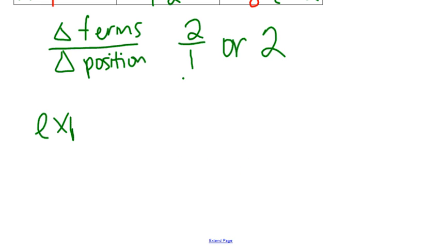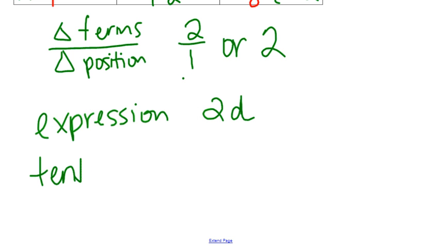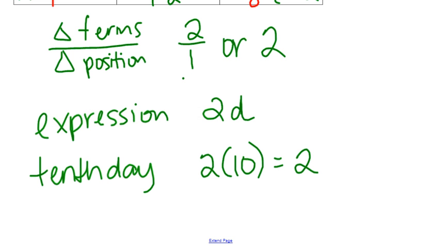So our expression is going to be 2 times the number of days. And I'm using D because it's for days. So now we have to find out how many for the 10th day. So we have 2 times 10, and that equals 20. So altogether, he is going to do 20 sit-ups.